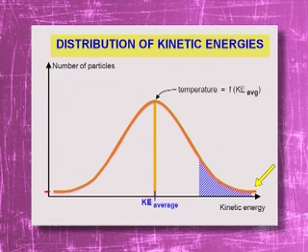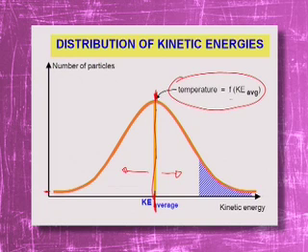And you can see that most of the particles have an energy related to what we call the average kinetic energy. So the average kinetic energy, the sort of mean energy, sits at the middle here. Some have less kinetic energy, some more, but on average, that is what the average kinetic energy is. And if we were to measure the temperature, we would say the temperature is a function of this average kinetic energy. So if I double that, I double the temperature.